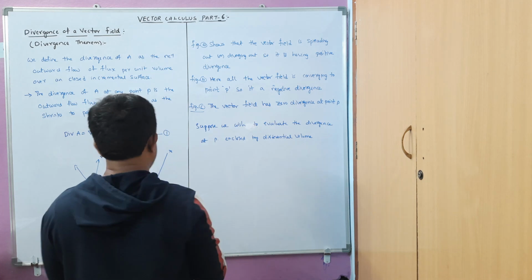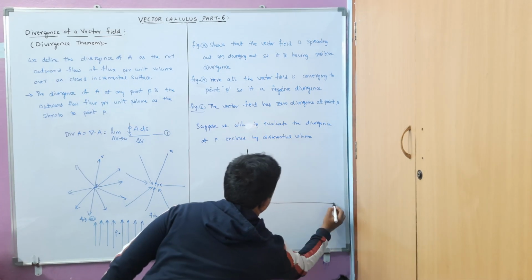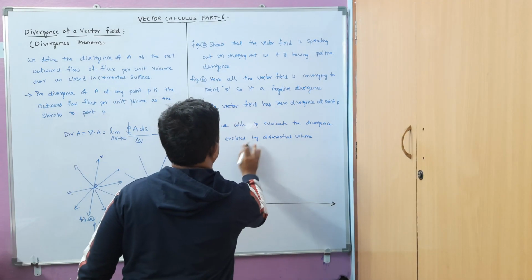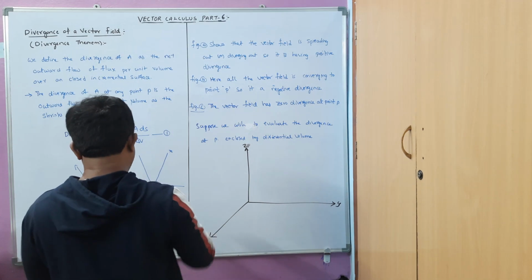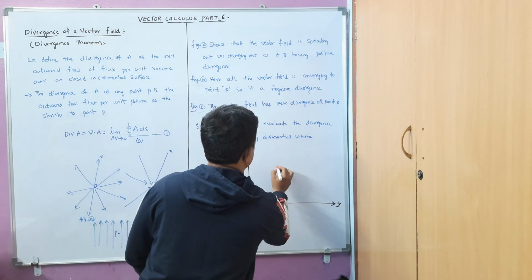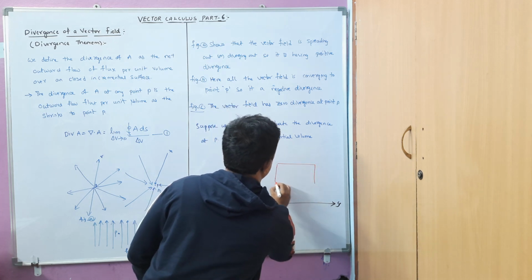It is a very simple diagram. So this is the x axis, this is the y axis and this is the z axis. Now we are having a differential volume taken like this, a rectangular box like structure.